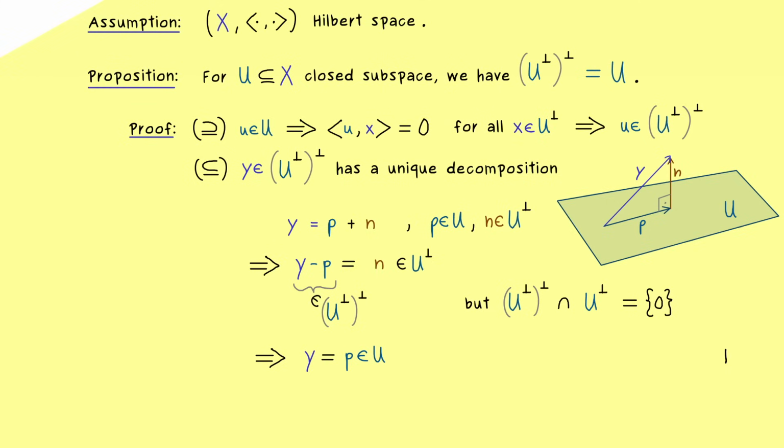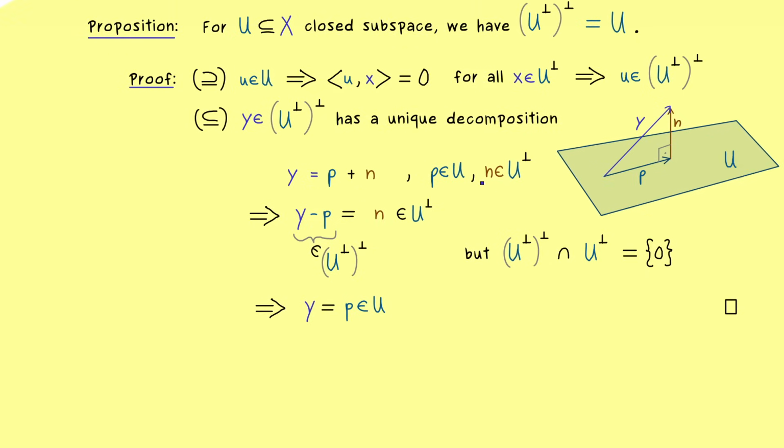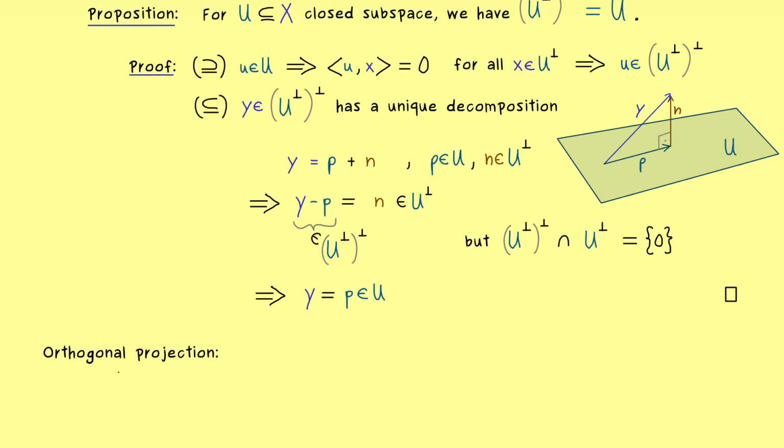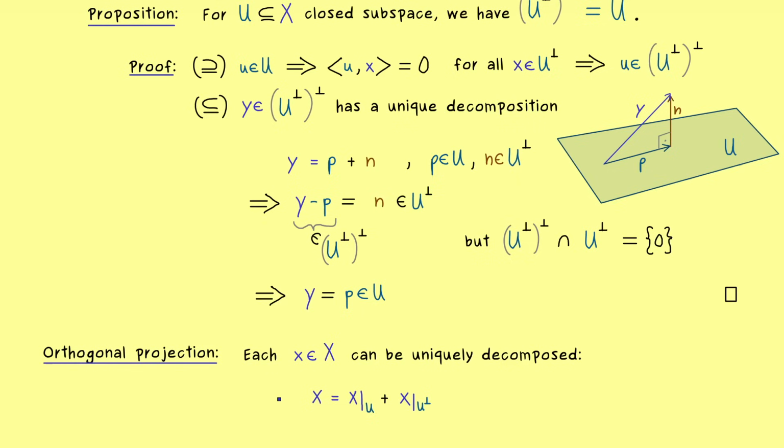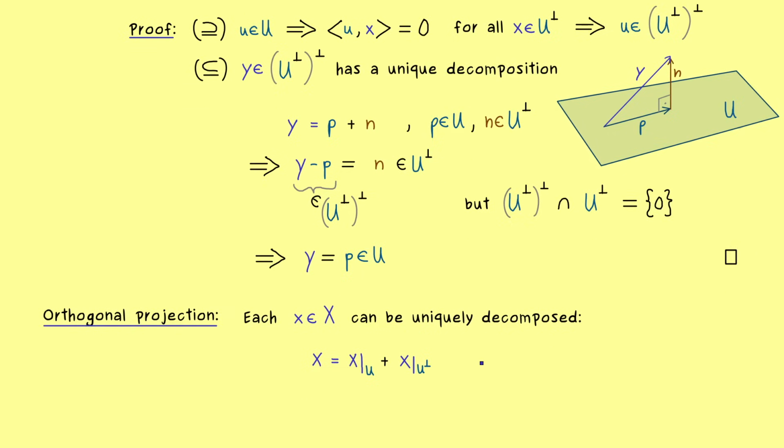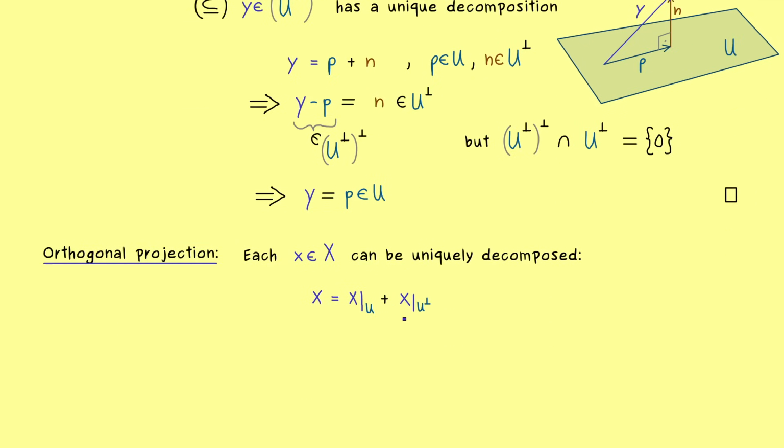And indeed this result here is quite helpful when we want to calculate with orthogonal complements in a Hilbert space. For example, it immediately allows us to see this vector n as the orthogonal projection of y onto our orthogonal complement. So maybe let's immediately write this down as a general result. Each vector x from our Hilbert space can be uniquely decomposed into 2 orthogonal projections.